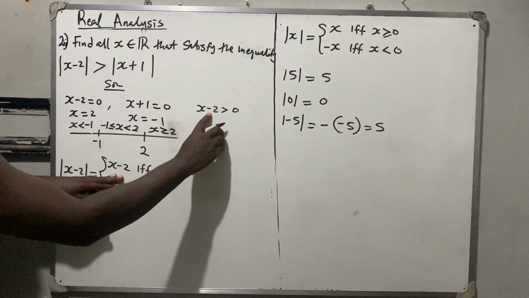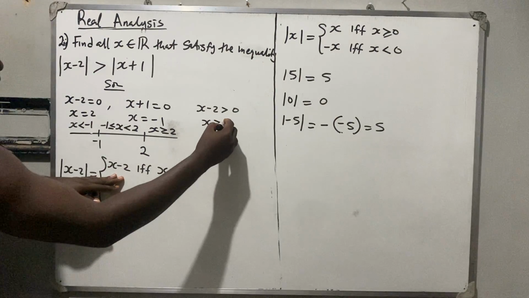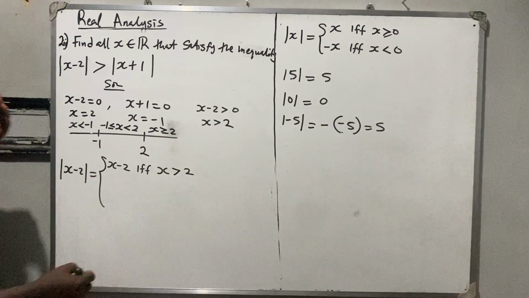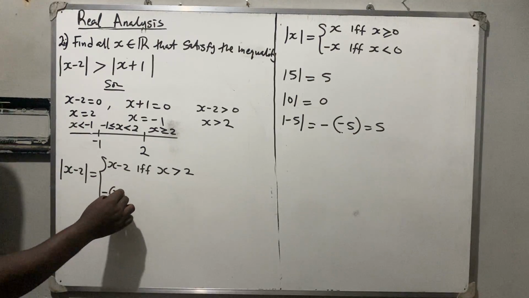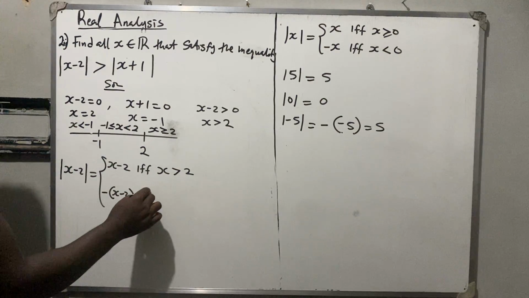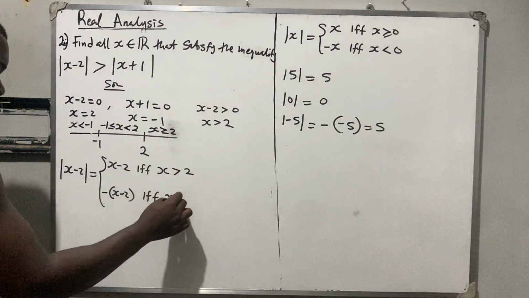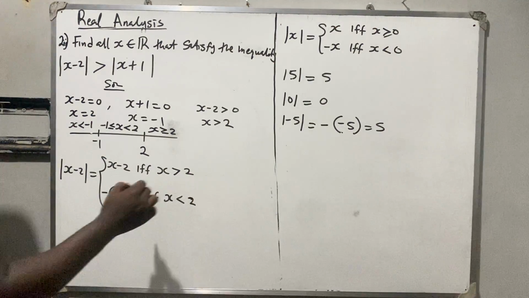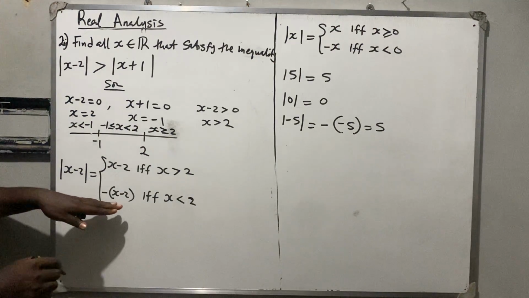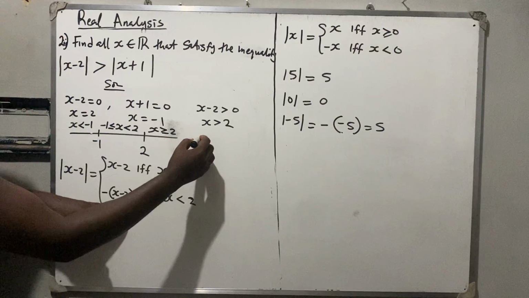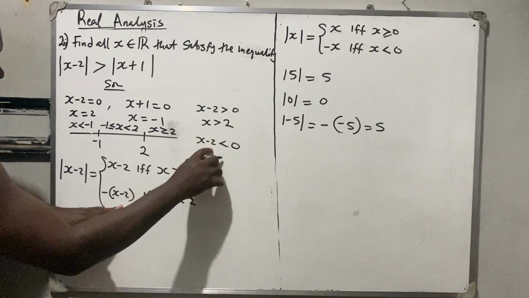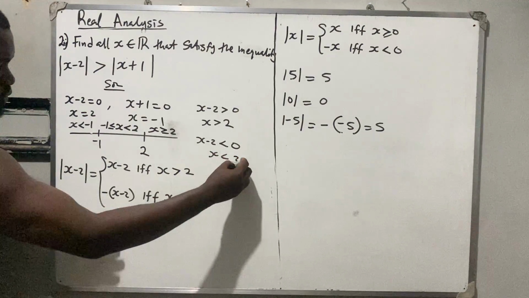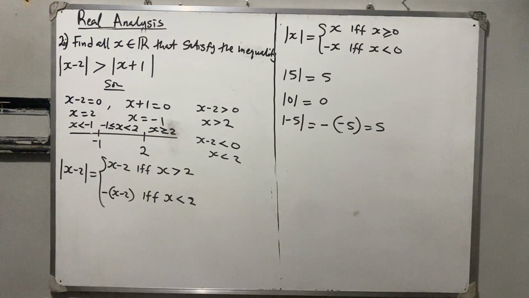So this one coming here, x is greater than 2. But it's going to be negative of itself if and only if x is less than 2. So it's going to be negative of itself if x minus 2 is less than 0, therefore x will be less than 2. Okay? So that is for this one.